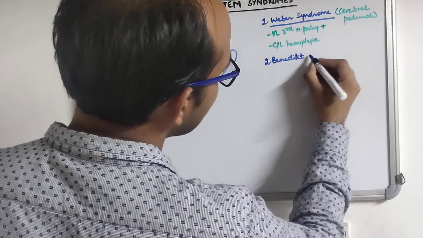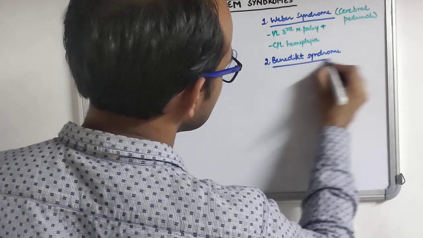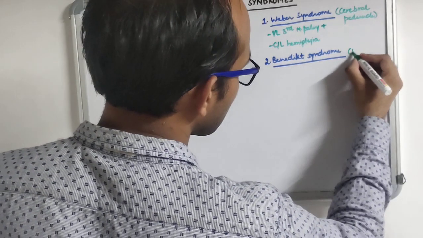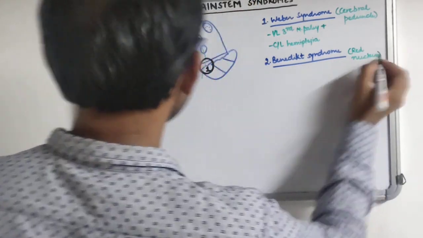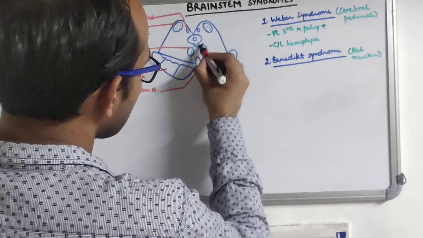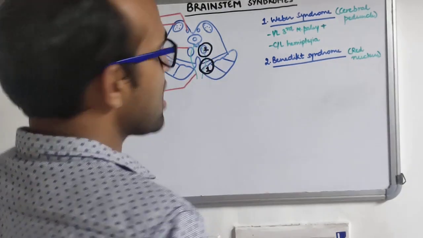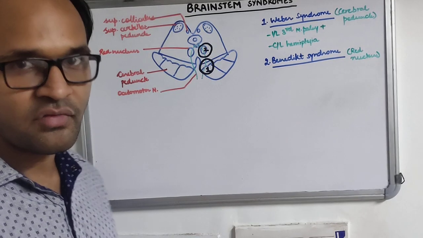Now we'll talk about the next syndrome, that is Benedict syndrome. Benedict syndrome occurs when there is an injury in the region of the red nucleus. So if there is an injury somewhere here, the red nucleus is affected. Apart from that, the fascicles of the third nerve are affected.